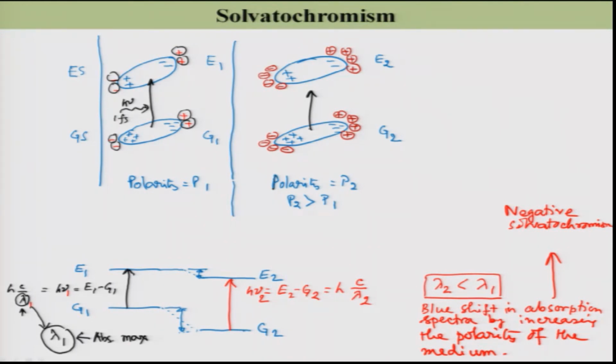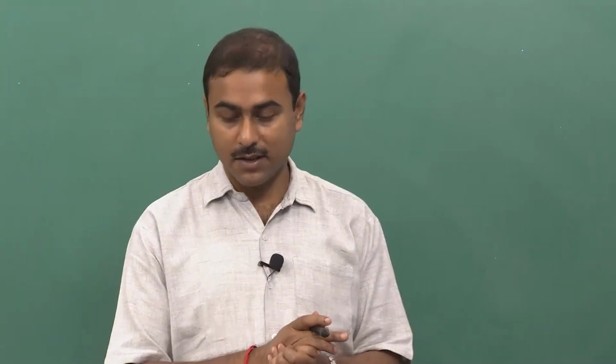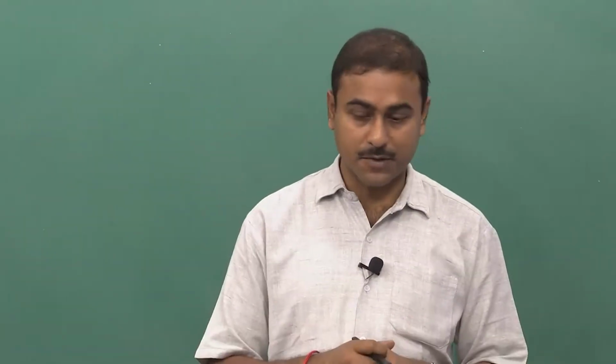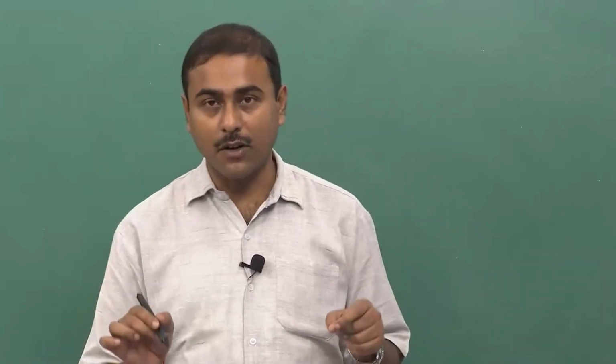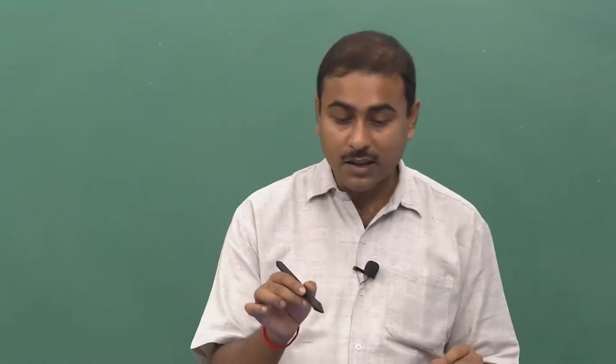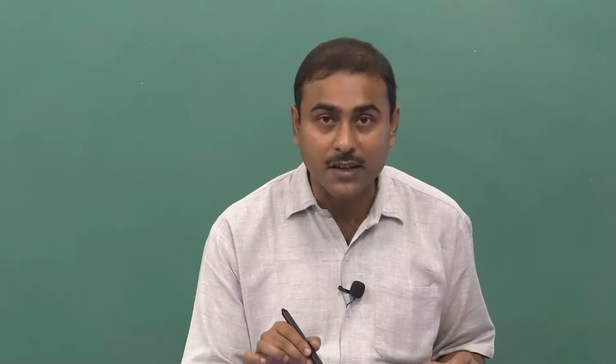So, what we have seen here is that the absorption maximum is shifted to higher energy, shorter wavelength, and that is negative solvatochromism. This is because the ground state dipole moment is more than the excited state.